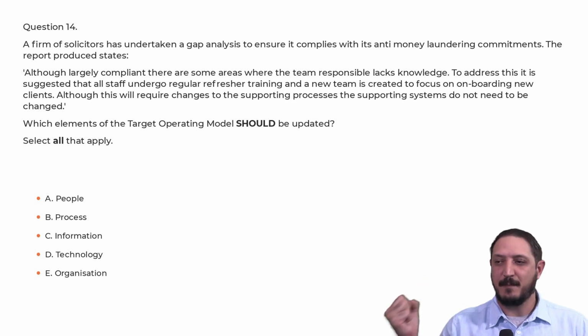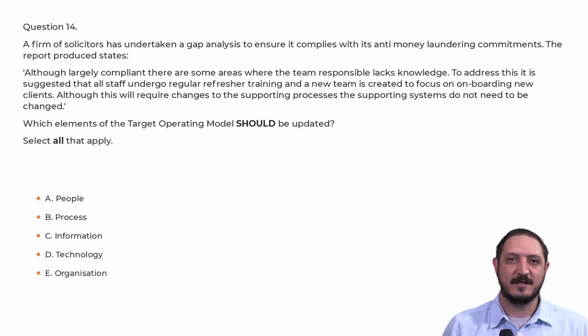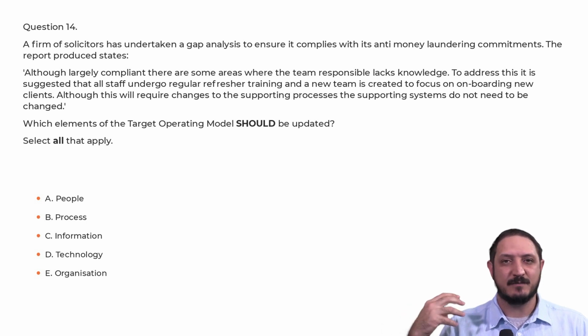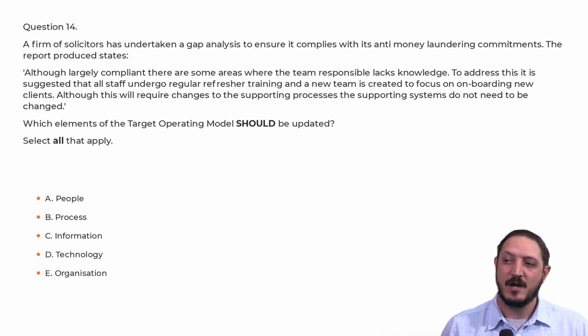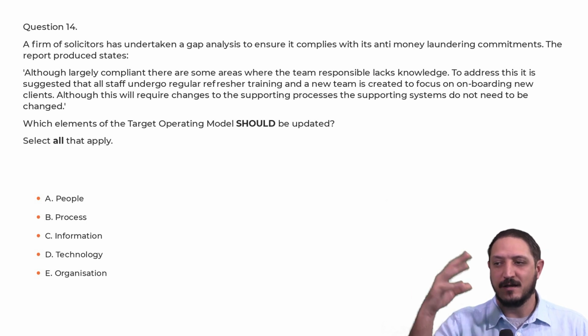And often gap analysis, target operating models and POPITs are all used together. We sometimes need to use the POPIT. A POPIT is a reference for us so that we can identify which parts of the organization need to be looked at in order to holistically look at everything that needs to change.